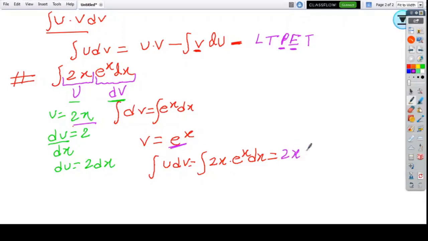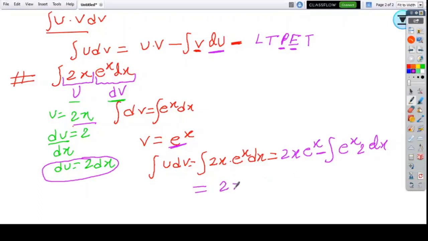So 2x e to the power x minus the integration of v, e to the power x, and du, which I get from here, 2 dx. Now I will simplify it. So it will become 2x e to the power x minus 2 e to the power x plus c, and this is the answer.